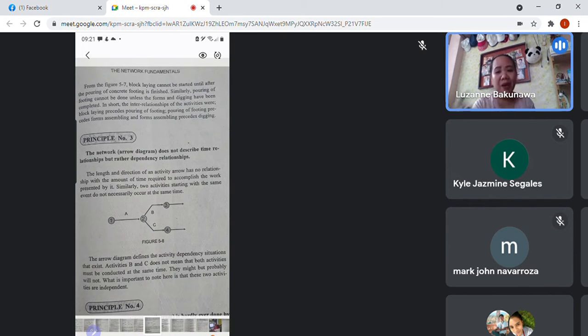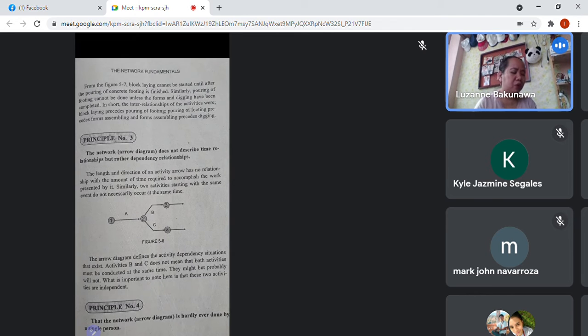Okay, so if you reverse it: digging, assembly of forms, concrete pouring of the footing, and after that, block laying. So it is that simple.